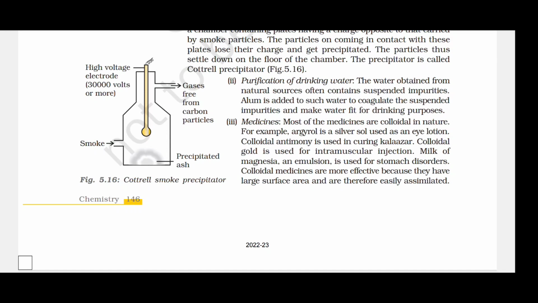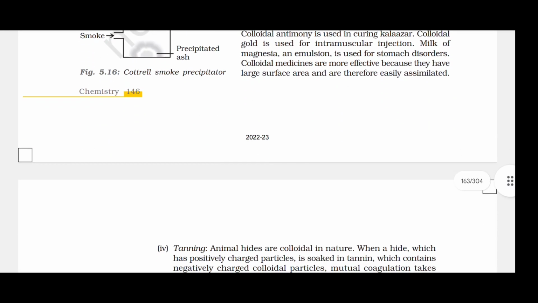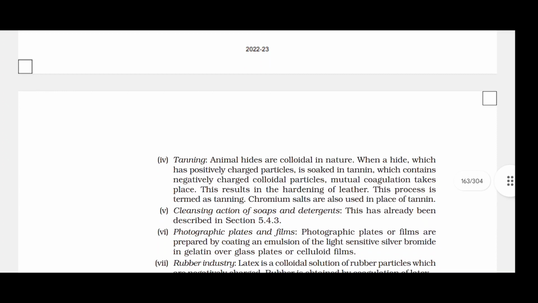Colloidal antimony is used in curing kala azar. Colloidal gold is used for intramuscular injection. Milk of magnesia, an emulsion, is used for stomach disorders. Colloidal medicines are more effective because they have large surface area and are therefore easily assimilated.